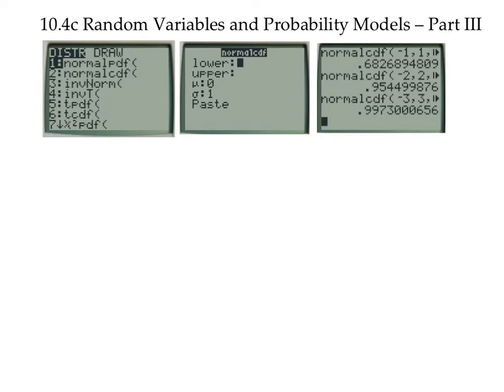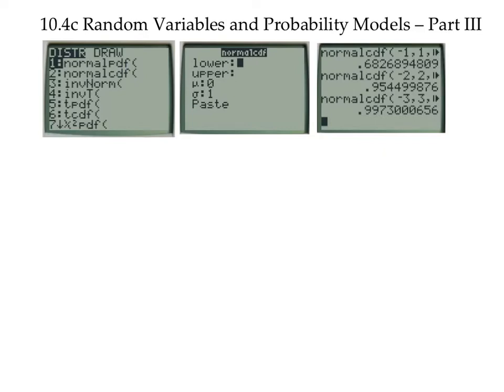Notice that the calculator allowed us to change the standard deviation and the mean if we want. On older calculators, and before that in tables, you could not do that. You always had to convert to a standard normal distribution using something called a z-score.